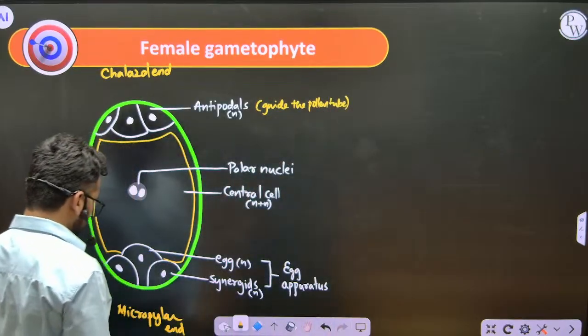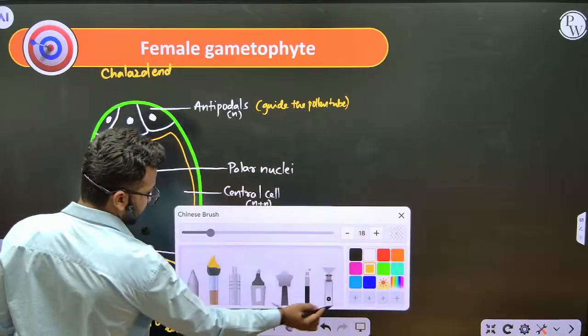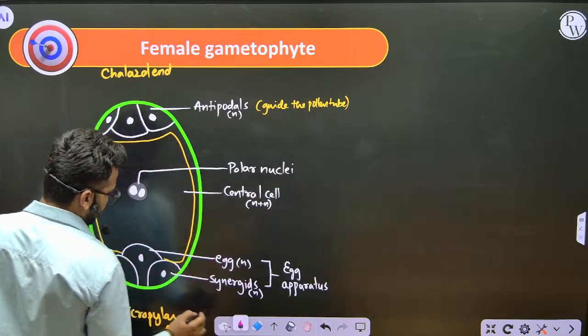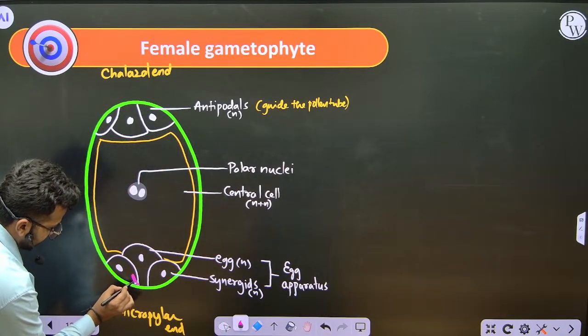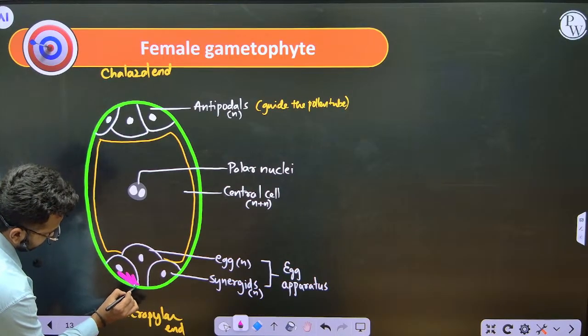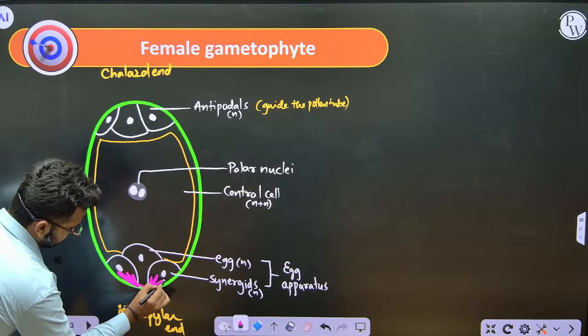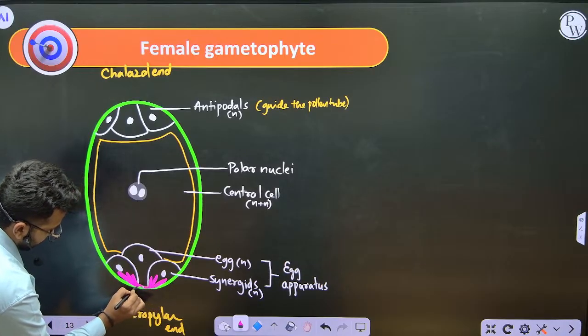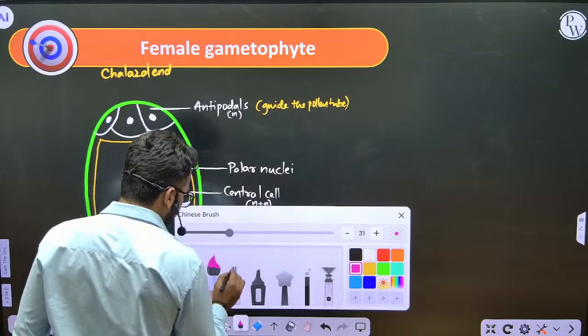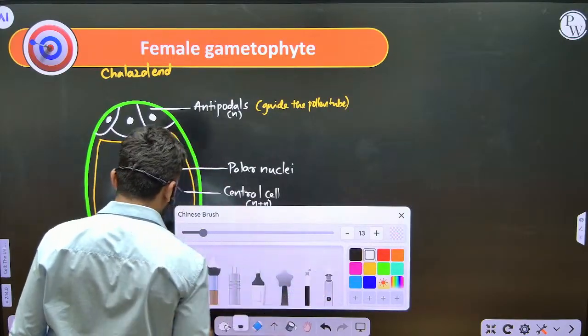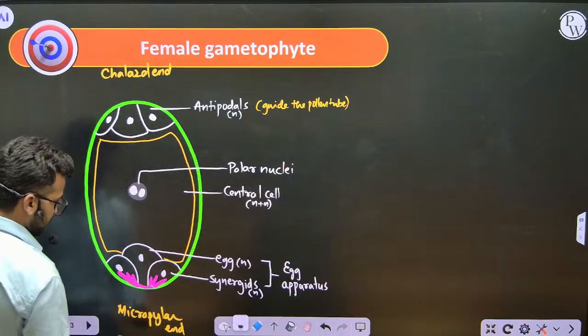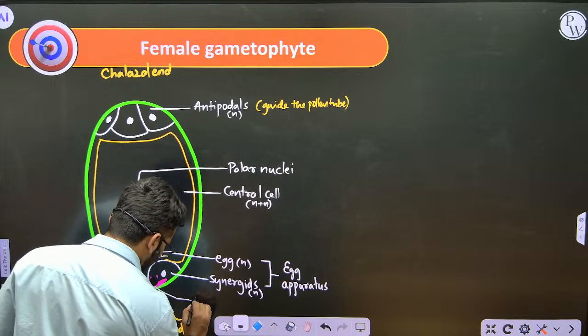So one more structure I forgot here. There are finger-like projections seen here, that we call the filiform apparatus.